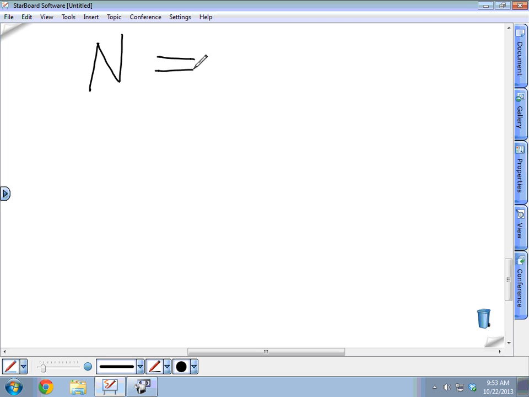So find a number that is. Now we can start with 96 greater than. 96 plus what? Negative n, because it says its number's opposite. So the opposite of n is negative n. Good. Okay.